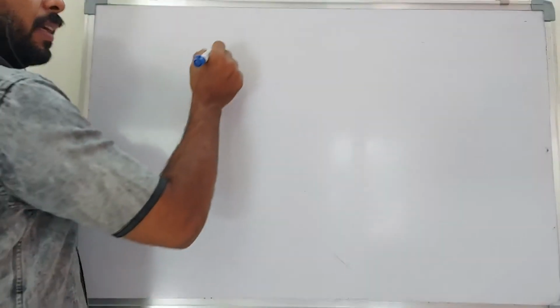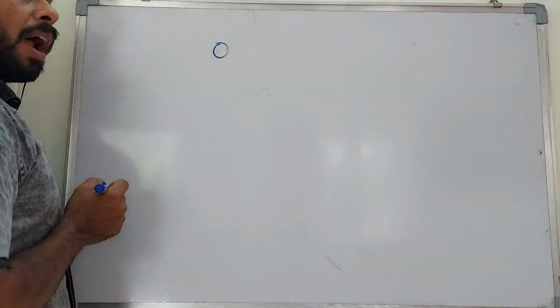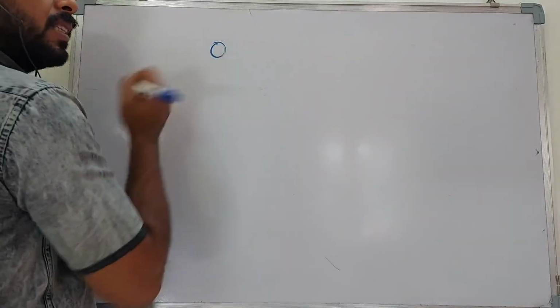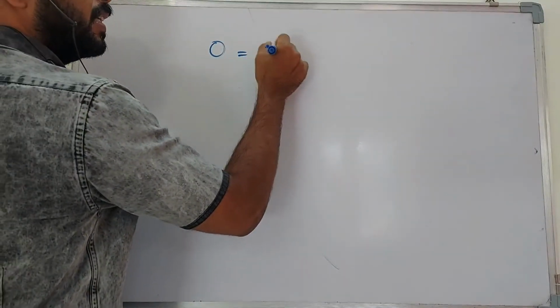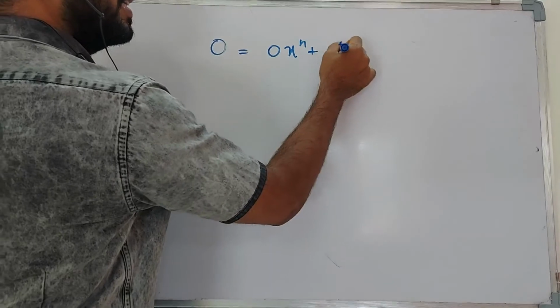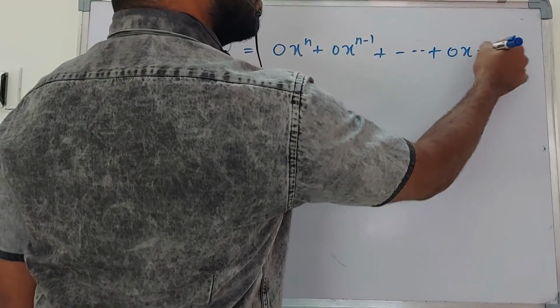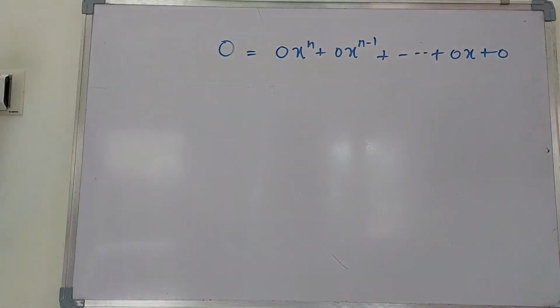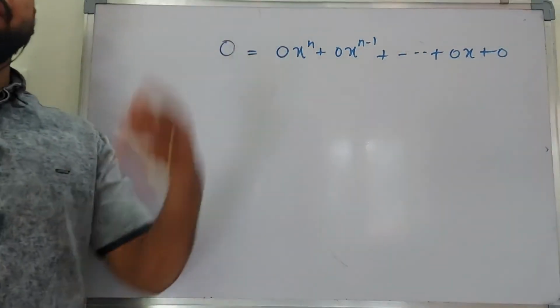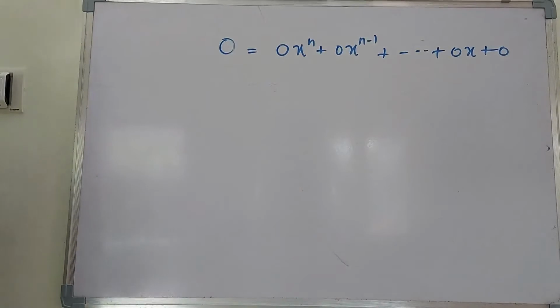If we consider the set of all polynomials, then the additive identity 0 is the zero polynomial, which is 0x raised to n plus 0x raised to n minus 1 plus etc., plus 0x plus 0. The zero polynomial with all coefficients 0 is the zero element of the set of all polynomials.